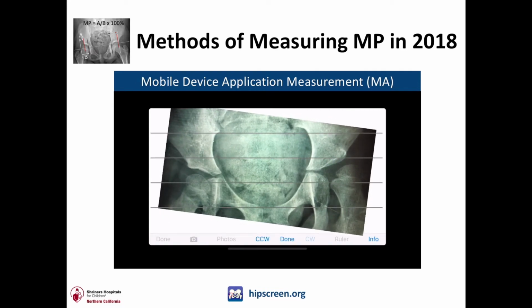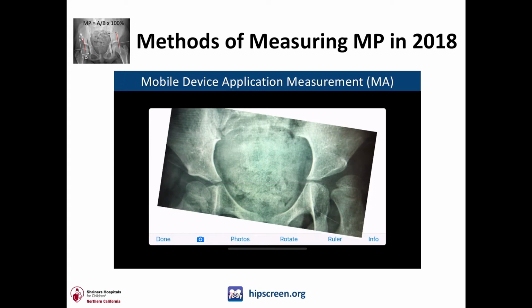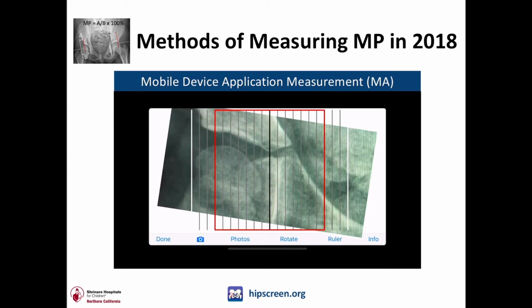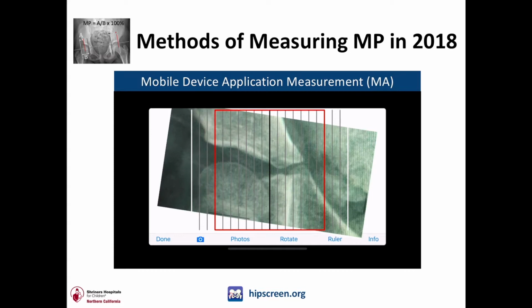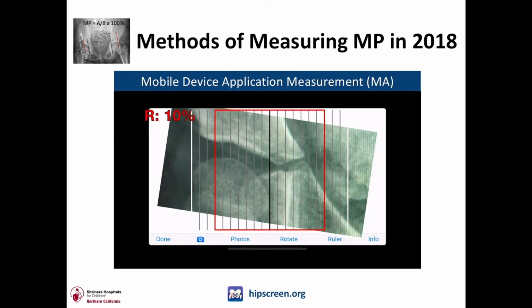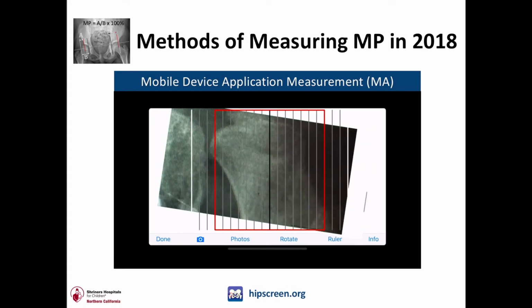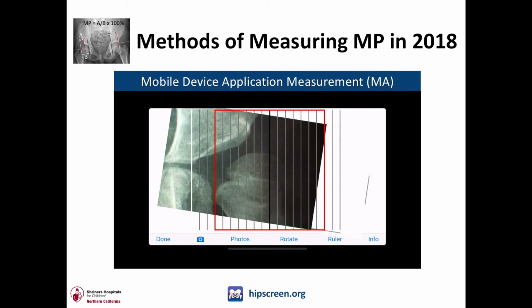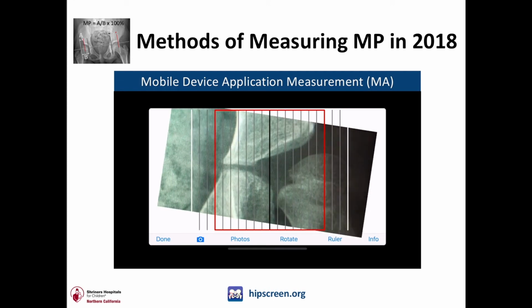Then you can rotate it so that the X-ray lays level on the screen, and then a ruler overlay is applied, allowing you to expand the femoral head until it touches the important and relevant parts on the ruler that then divide the femoral head into 10% increments, allowing you to easily measure the migration percentage directly off the screen.